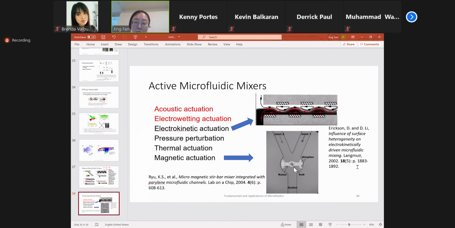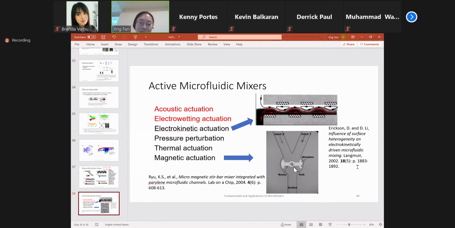So you will see some ultrasonic transducers are deposited on the bottom of the channel. Sometimes on top, sometimes on the bottom, and the lateral flow of the ultrasonic waves can cause the stirring of the fluid. So this will be the first paper, acoustic actuation.